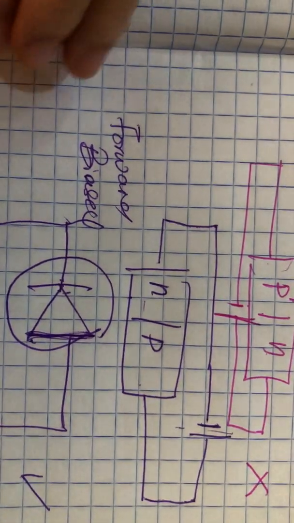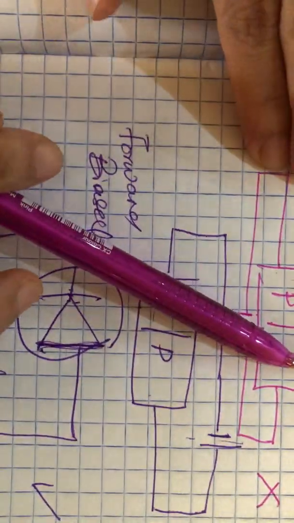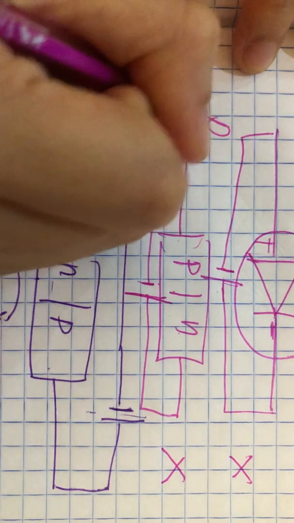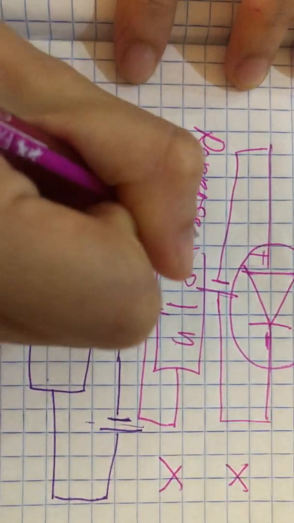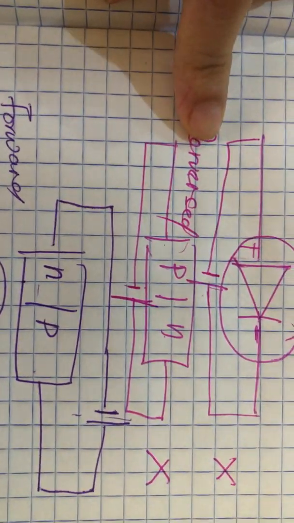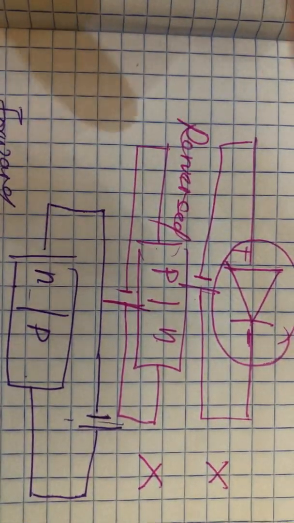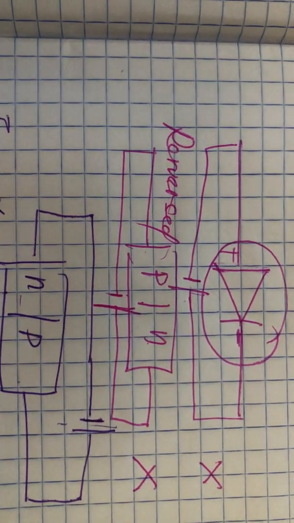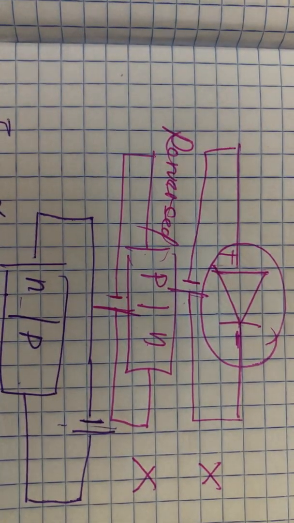This condition we call forward bias. This condition we call reverse bias. In reverse bias, there is no electric current flowing through. If you have a light bulb here, the light bulb will not light up. If you have a light bulb in forward bias, then it will light up. Okay, so this is the way of connecting a diode.